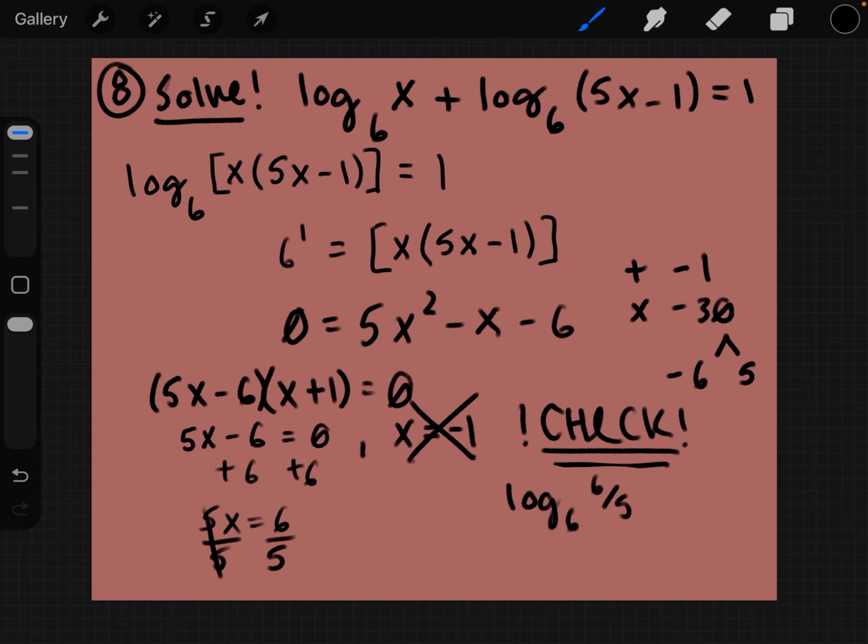What is 5 times, okay, 5 over 1 times 6 over 5, just multiply across, -1.